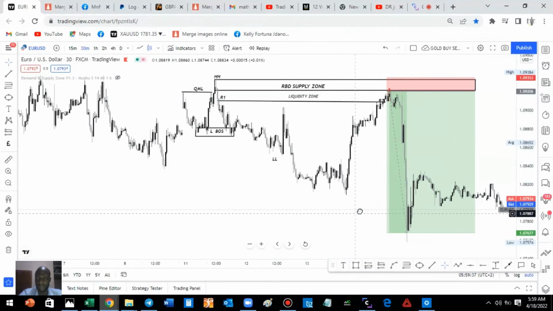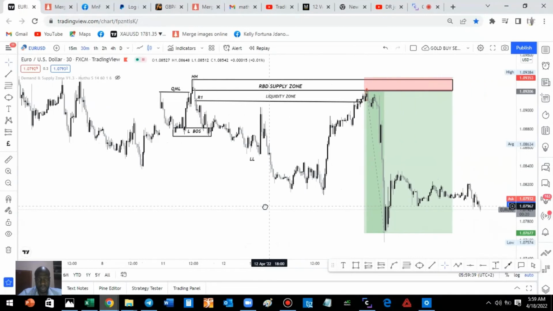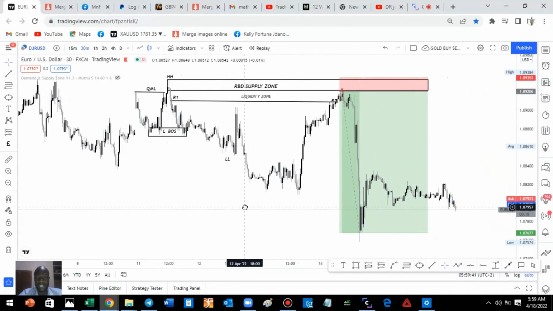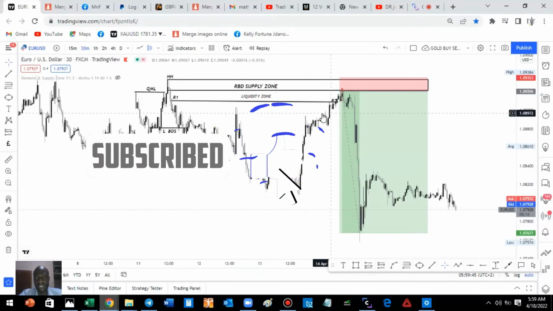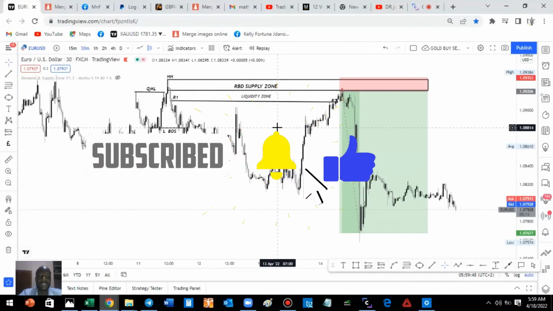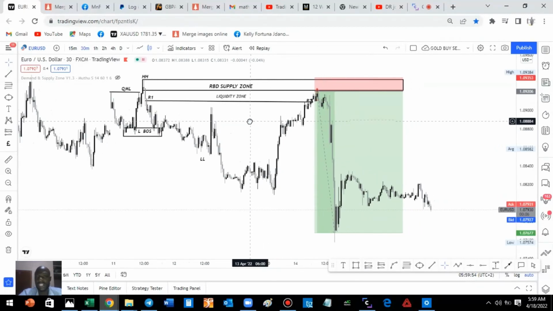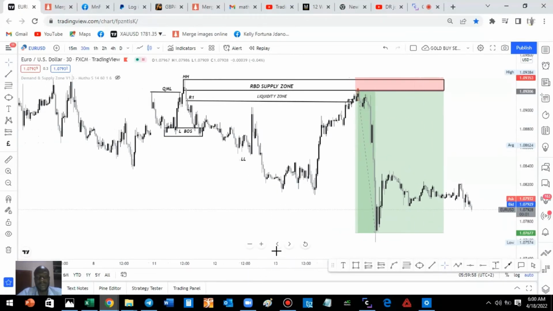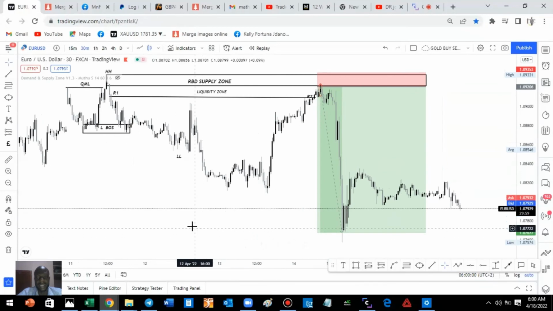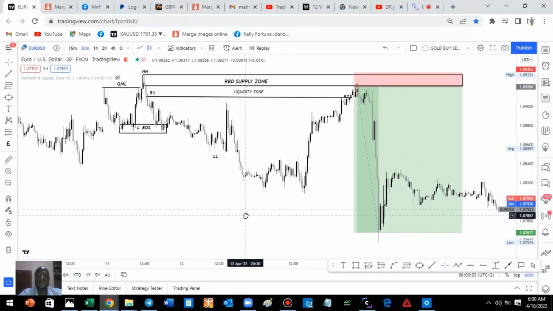Of course, you can see the market actually went all the way to the downside like that. So it's important for you to be able to extract as much profit as possible from a setup by utilizing a trailing stop loss, because it allows you to extract as much as possible from the market.